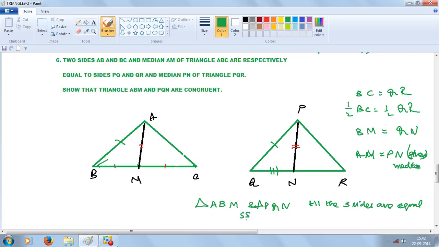Therefore, by SSS congruent rule, they are congruent. Three sides of one triangle are equal to three sides of the other triangle, and the two triangles are congruent.